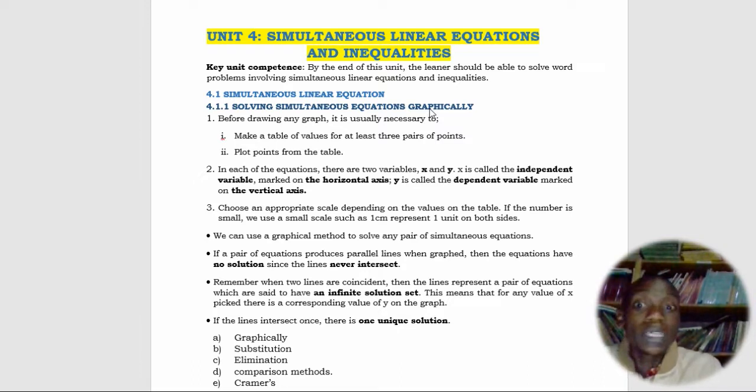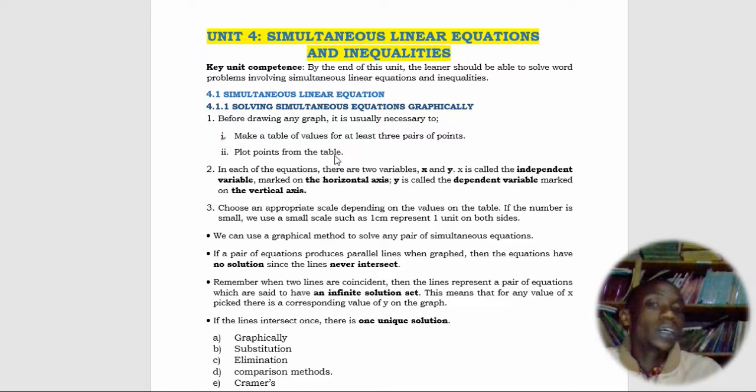And remember that before drawing a graph, it is usually necessary to make a table of values with at least 3 points for the linear equation. After getting a table of values, we have to plot the points from the table. Step number 3: in each equation, there are 2 variables.